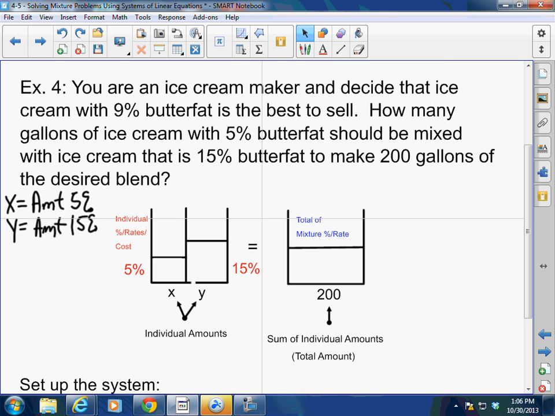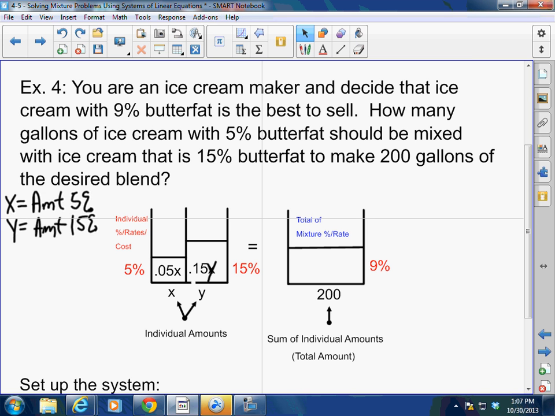Okay. What is 5% times X? 0.05X. What's 15% times Y? That should be a Y as well. 0.15Y. And what is the percentage of the final mixture going to be? 9%.